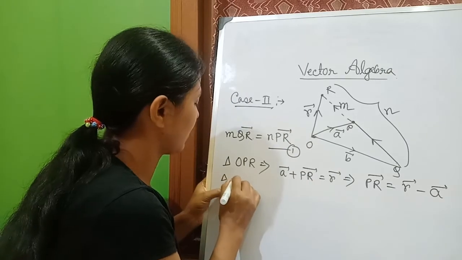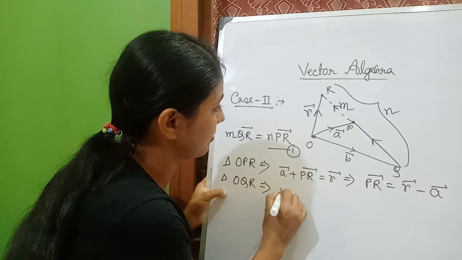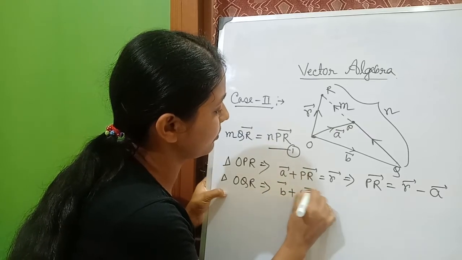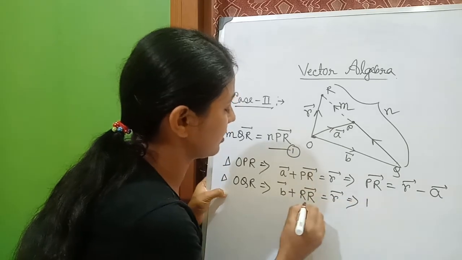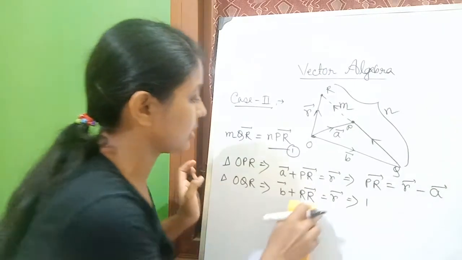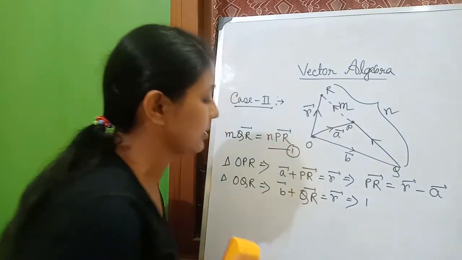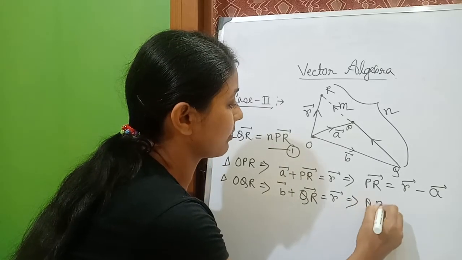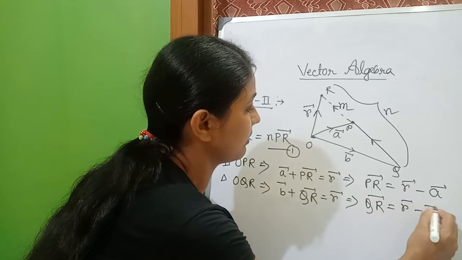Triangle OQR is equals to B vector plus QR vector equals to R vector. So it's QR vector equals to R vector minus B vector.